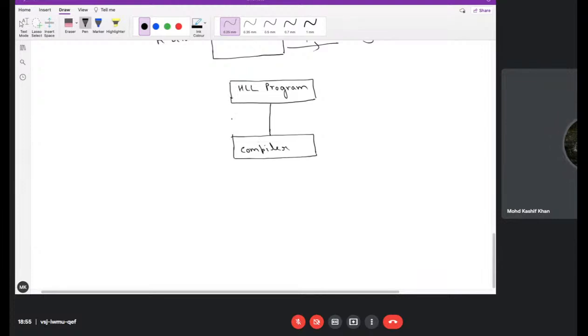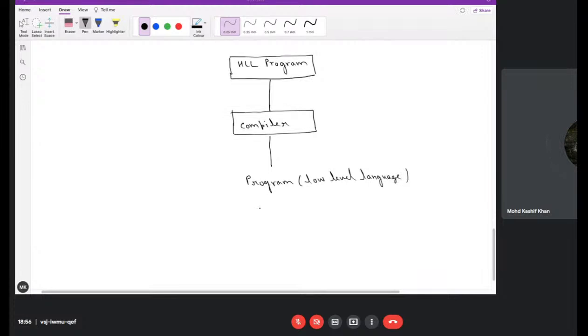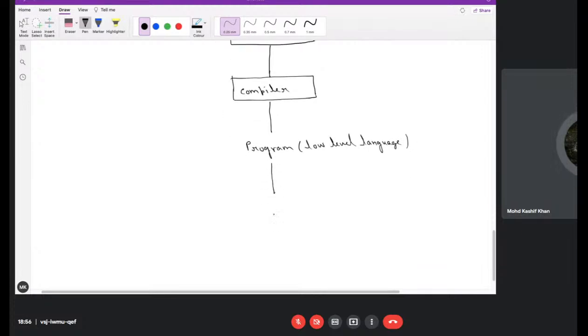And after the compilation, this will be converted into a program of low level language, or assembly level language also. Low level language.